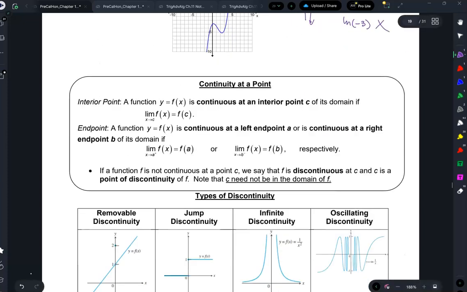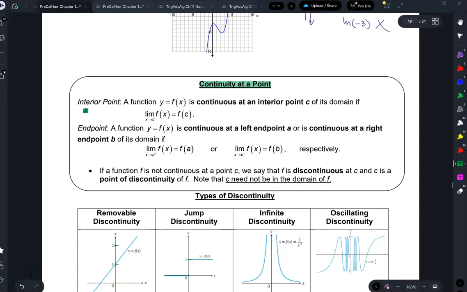Now, having said that, we rarely ever talk about whether a function is continuous over its whole life. That is not really what higher math, calculus, is about. Calculus is more about what is happening in a tiny, tiny space, right? So it's more important to talk about continuity at a point.